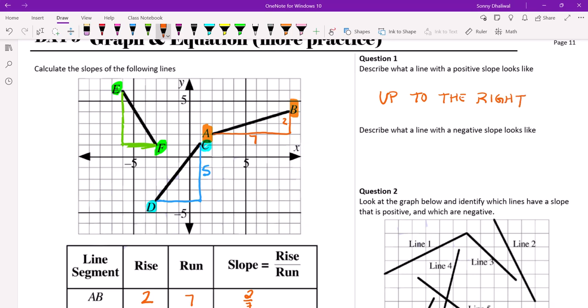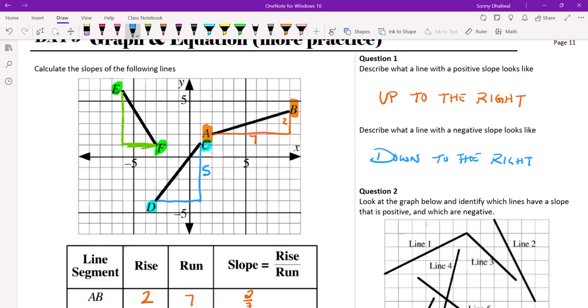We always look right. That's the forward direction. So it's going up to the right. How does a negative slope line look? Down to the right. Now you could say up to the left, but you want to be consistent, always comparing everything to the right.